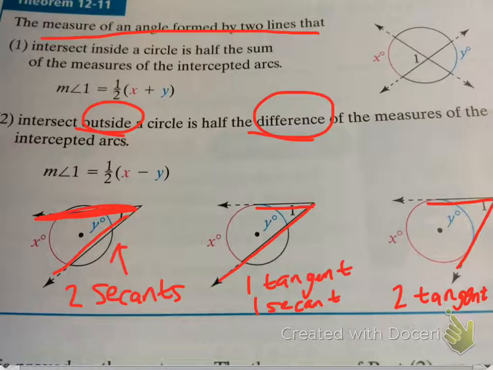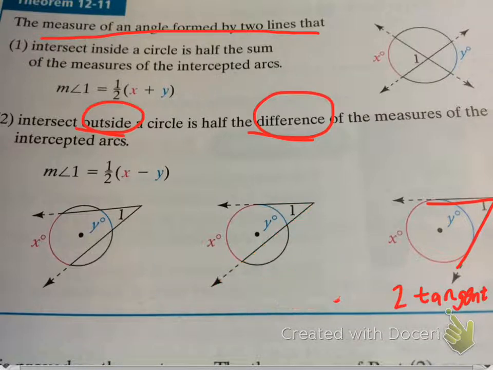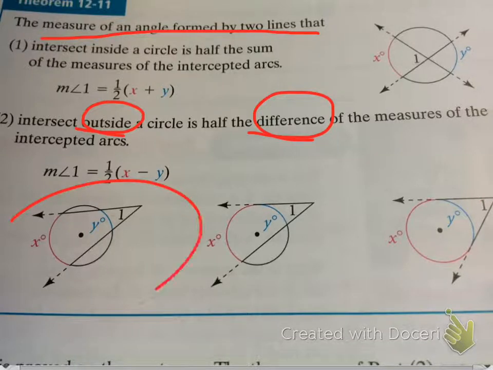So how does that help us? Well, the theorem says now that the measure of angle 1 in all three of these cases, I'm going to look at the two secants for now, is just half the difference. You do big arc minus small arc.